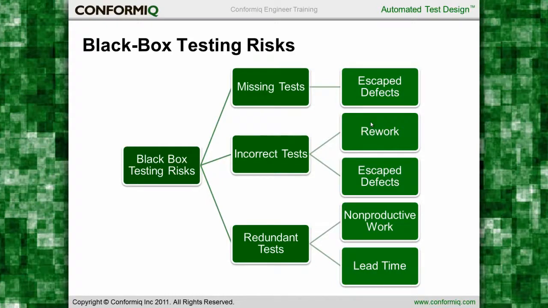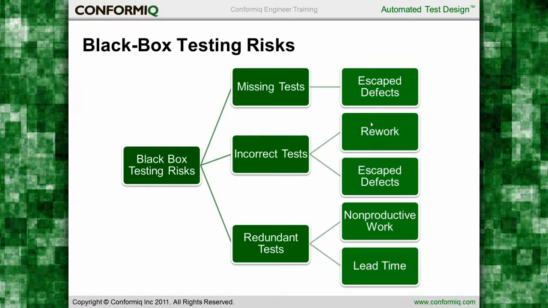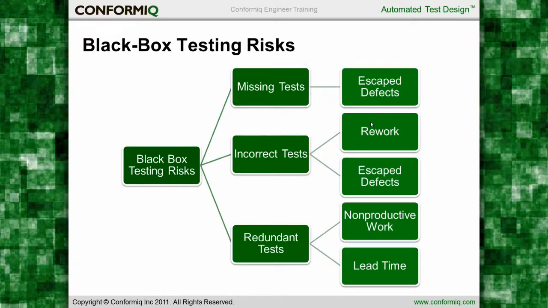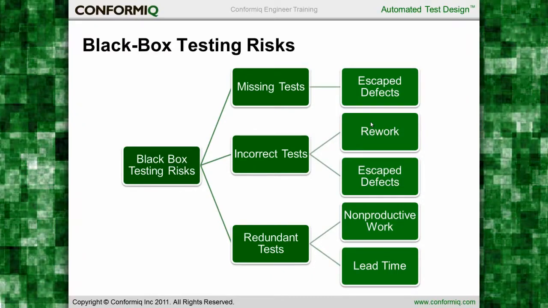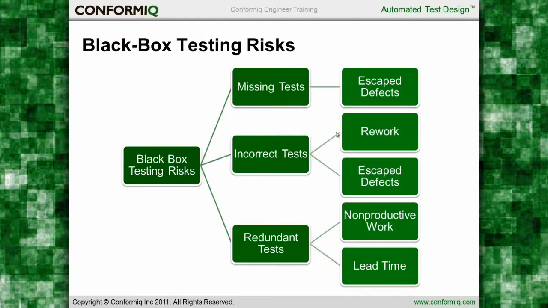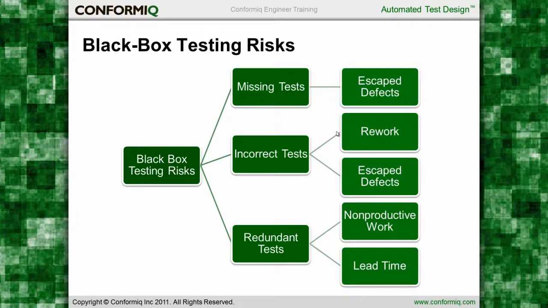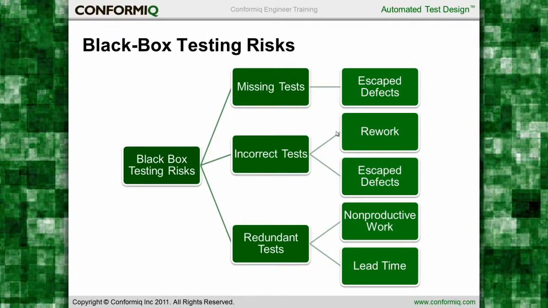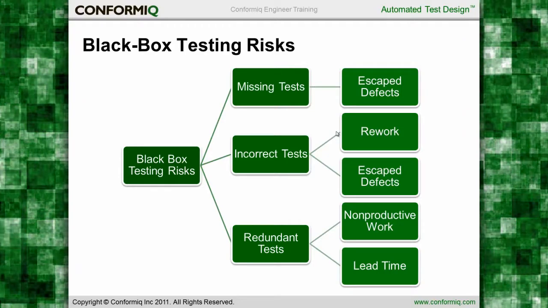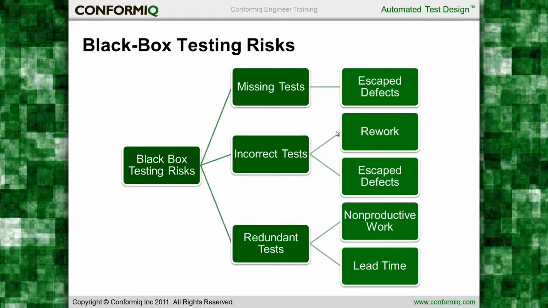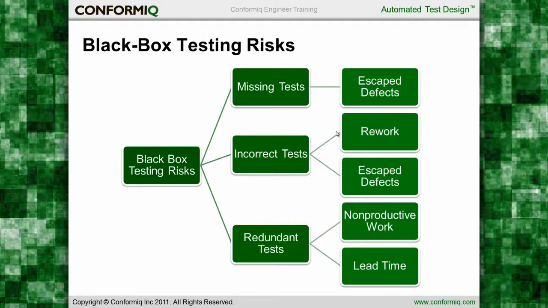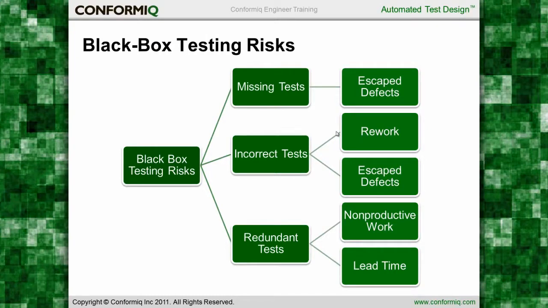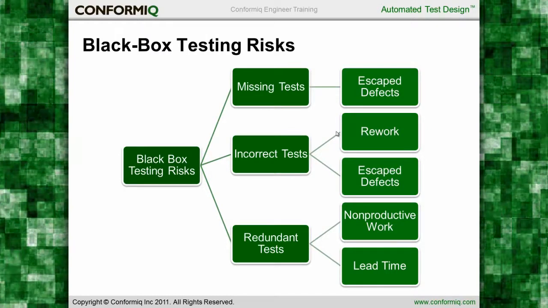And over time you end up doing a lot of non-productive work because you copy-paste the test cases as the system evolves. You copy-paste test case B from test case A because it's almost the same. And then in the end you just end up having a huge maintenance burden throughout the testing of a product.